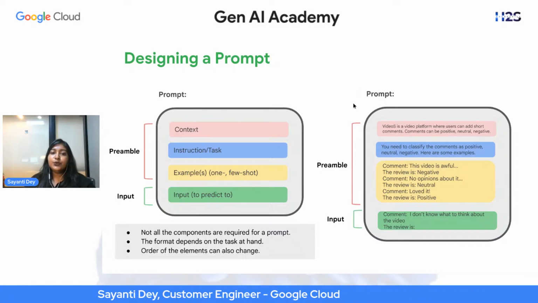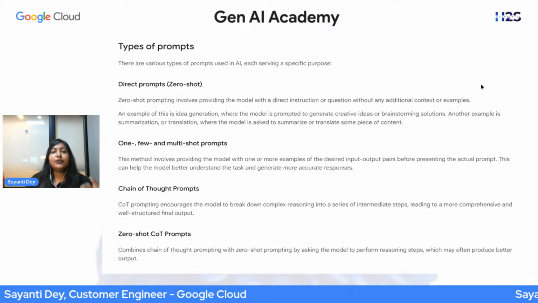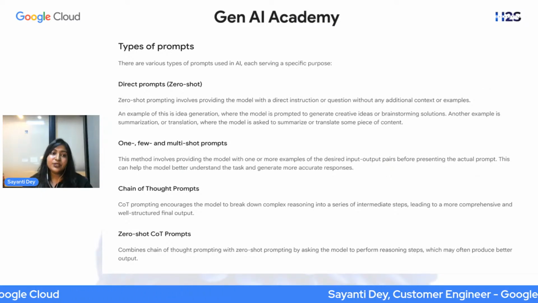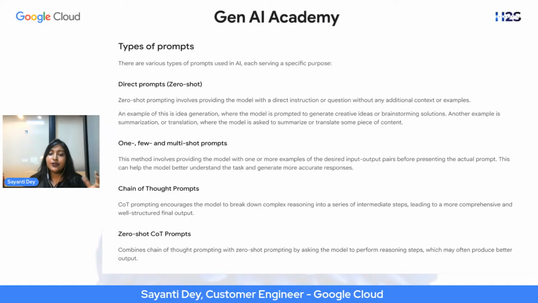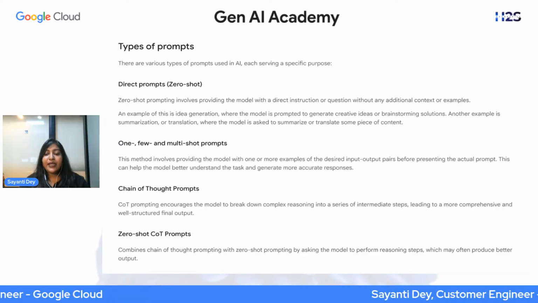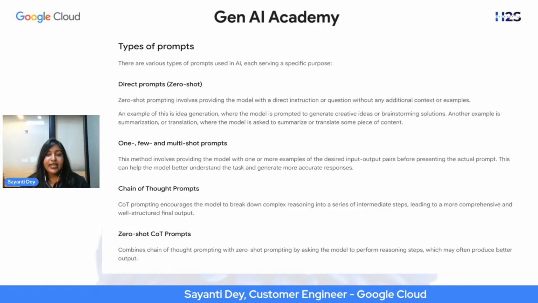Now let's go to what types of prompts there are, right? There are different kinds of prompts which are available, and you can use them for your use cases. So first would be the zero shot prompts. What does it mean? When you are not giving any example or any context to the model, you are directly asking a question, right?